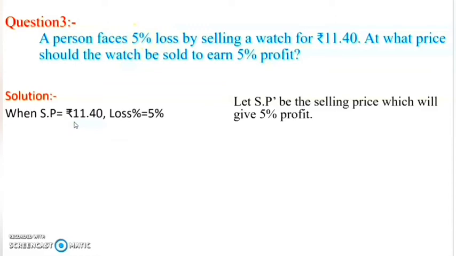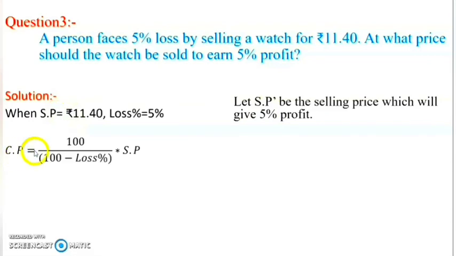But this cost price can be found by using the given data. When SP is equal to 11.4, the loss percentage will be 5%. From this data, you can find the cost price. Now recall that the cost price is a fixed price. That is, either in this case or in this case, the cost price will still remain the same for this particular watch. So I will find the cost price here and I will use it to find the new selling price here.